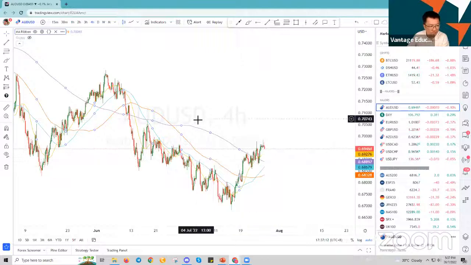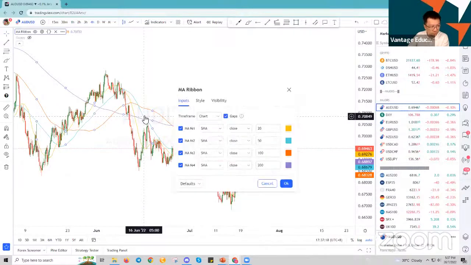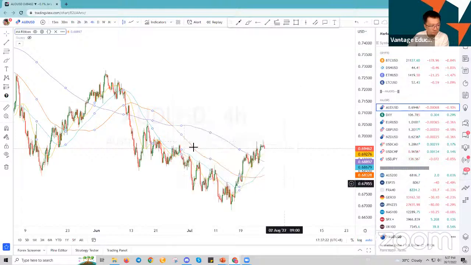All right, so you can see here that we do have the 50 crossing over the 200. The 50 crossing over 200, and that's what led to, you can see that price moving down.